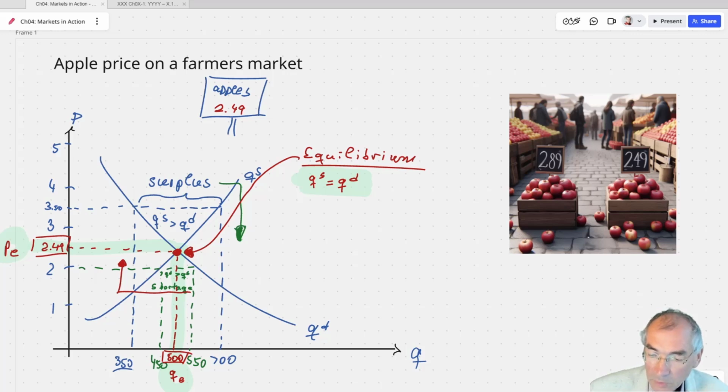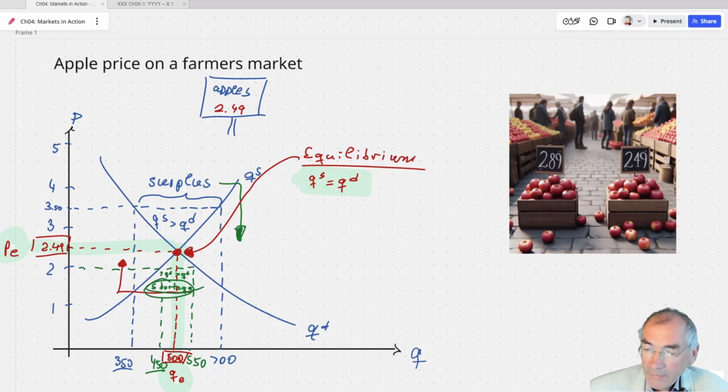The same situation in the shortage case. In a shortage, the firms were willing to supply 450 and the consumers were willing to buy 550. But they never get these 550 as long as the firms only sell 450.